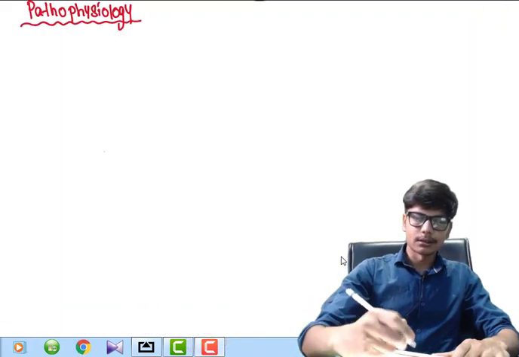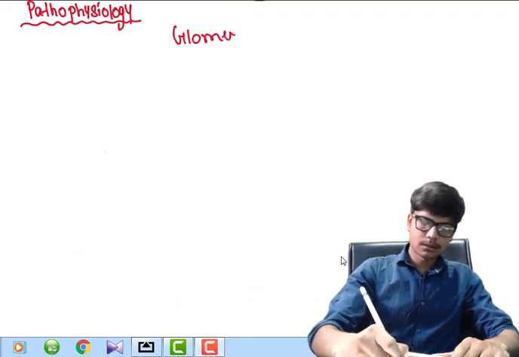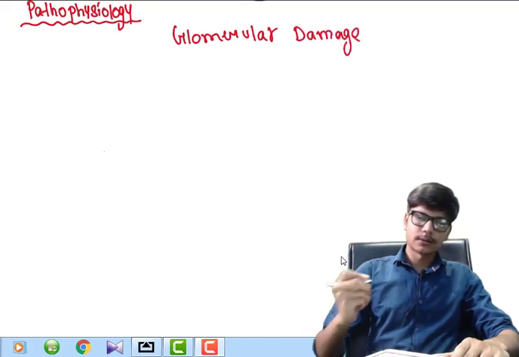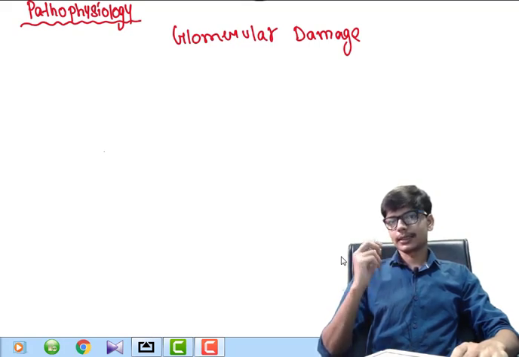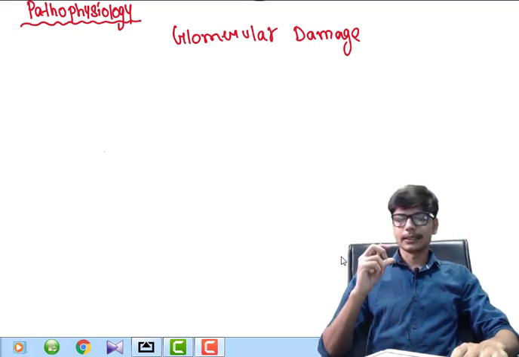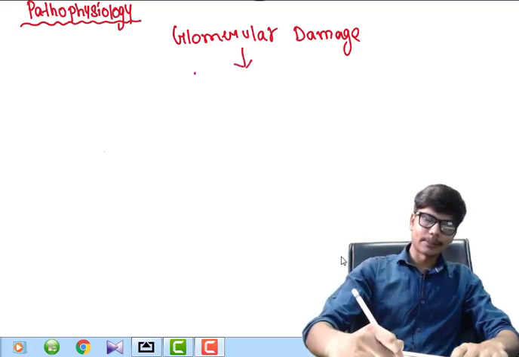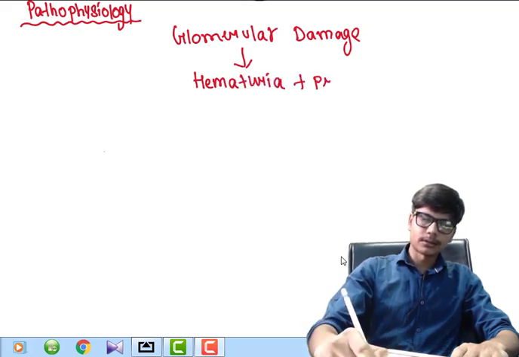So when there is glomerular damage due to antibody-antigen deposition as well as antibody cross-reacting with the glomerular antigen, this leads to a leak, and this leak results in hematuria and proteinuria.